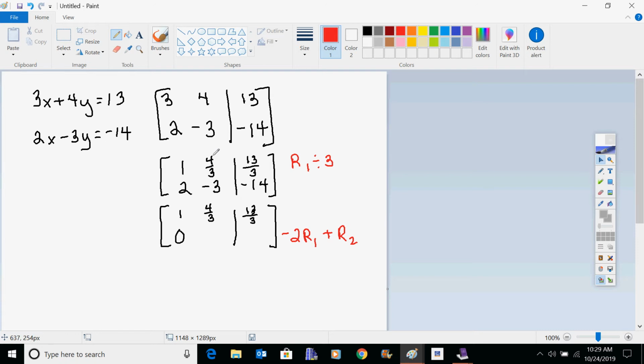But we need to do -2 times 4/3 plus -3, because we have to add these things. So this is -8/3 plus -3. If you want, you can go ahead and just do the calculator on that, and it should be -17/3.